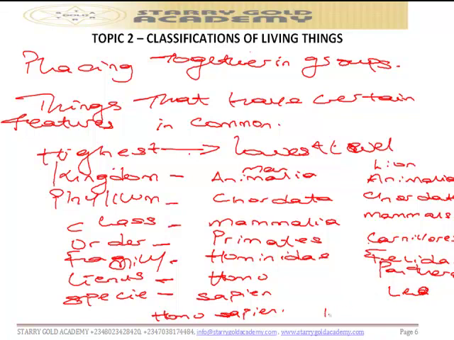That's why we call lions Panthera leo. I hope we understood that. In case of any issue, we can refer to our Essential Biology textbook. There are further examples there. Each of these levels of classification has its own properties, and that's what we are going to be discussing now.